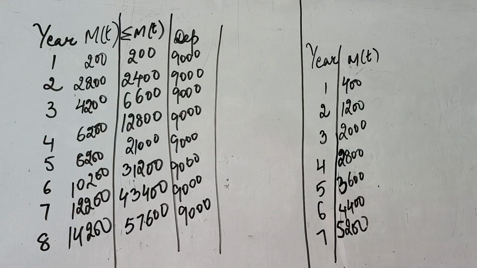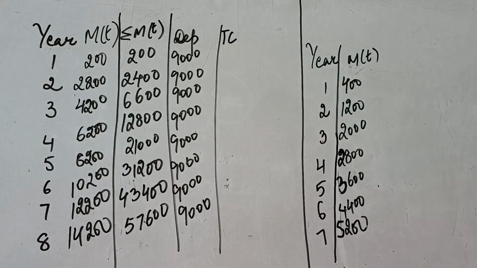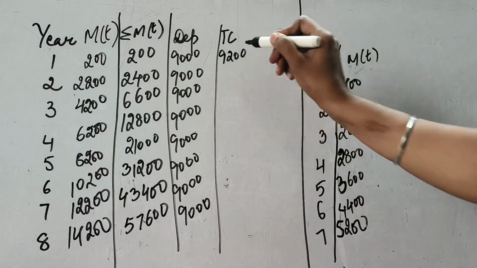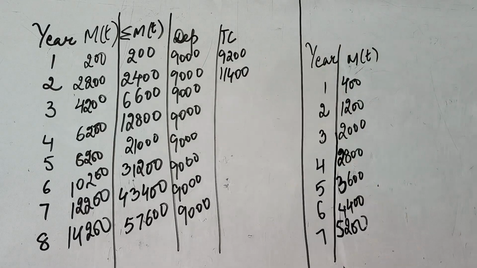Now after calculating the depreciation, we calculate total cost. In the previous video also you have seen, what you have to do is cumulative cost plus depreciation. So 200 plus 9,000 is 9,200. Next will be 11,400.